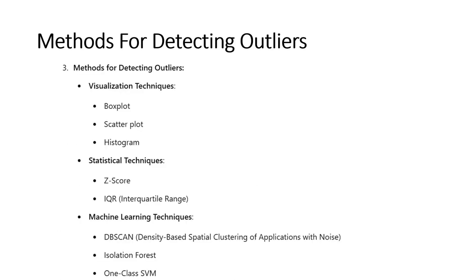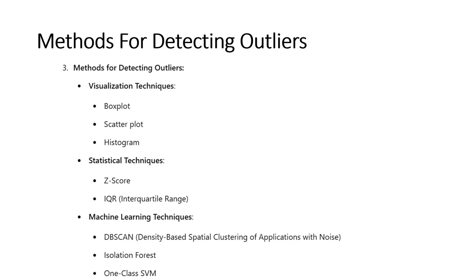Okay, so the methods for detecting outliers are, we have visualization techniques like box plot, which we will check practically in Python later in this video. We have scatter plot and histogram. You can detect outliers through statistical techniques, that is Z-score, and the second one is interquartile range, that is called IQR.